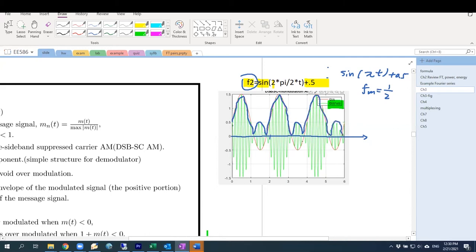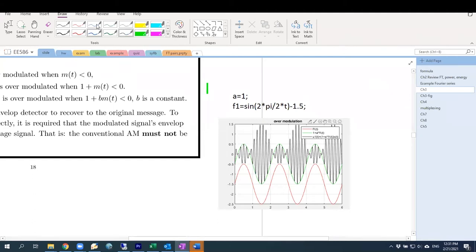If you look at the blue line and the red line, the red line is f2, the shape of the message. You can see that in this case overmodulation happens, because the positive envelope of the modulated signal does not have the same shape as the message.